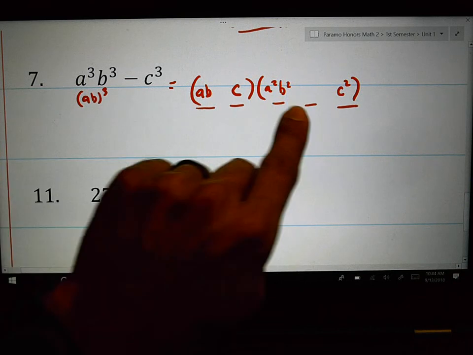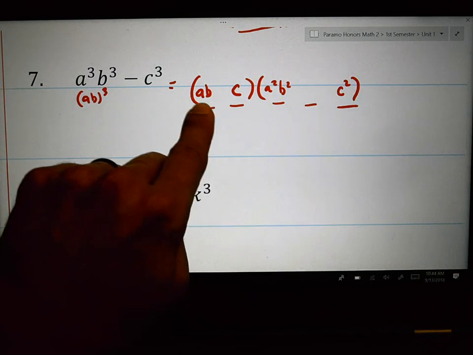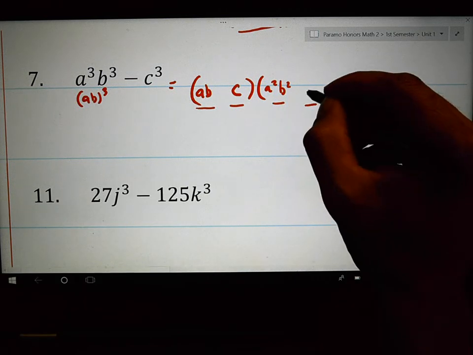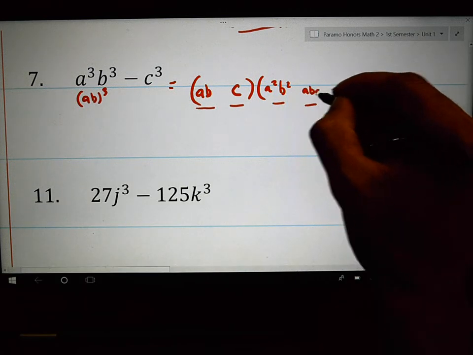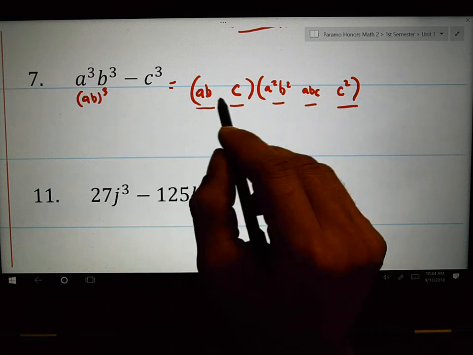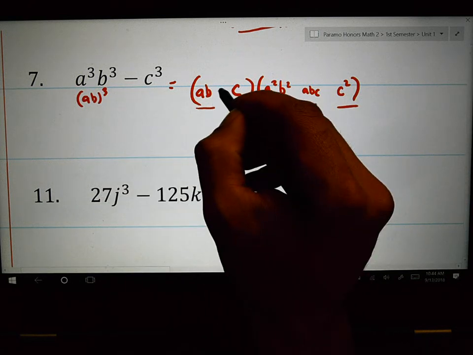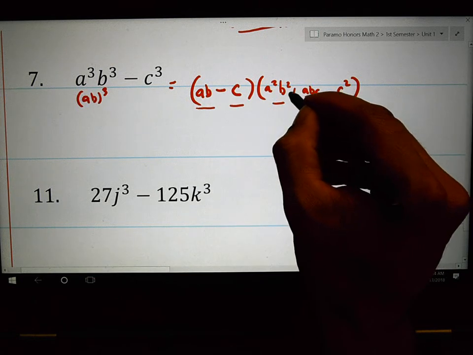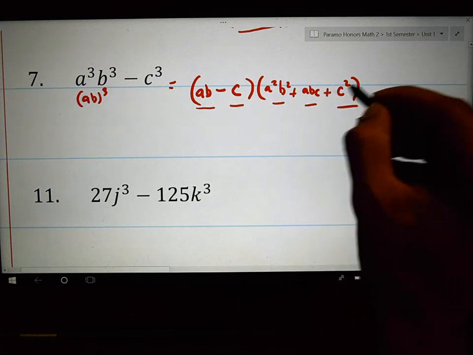And then to get to this middle term, I just multiply these 2 things. Easy as 1, 2, 3. A, B, C. Same, opposite of a negative is a positive. Always positive.